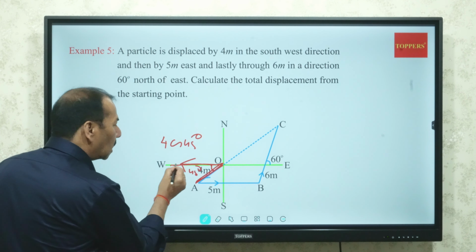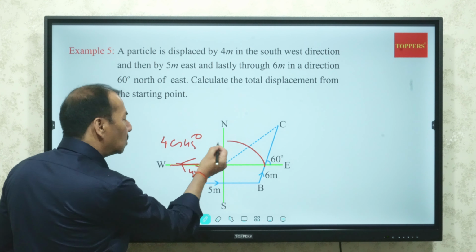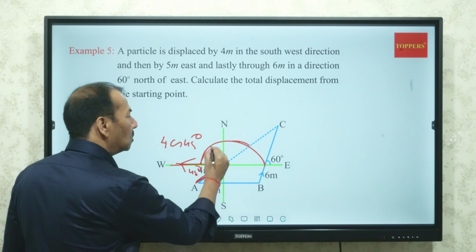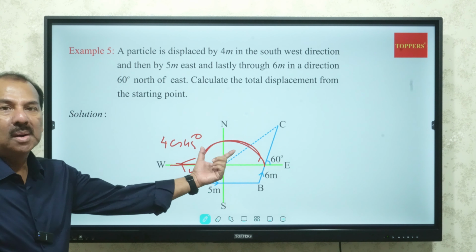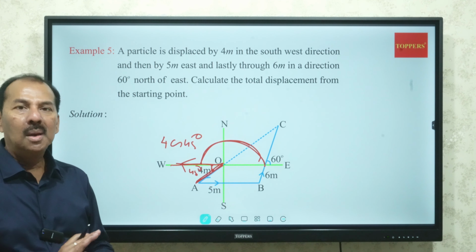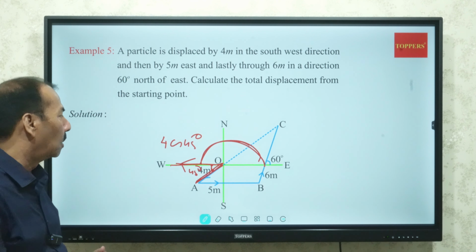Okay, so you can directly write, you need not worry about this angle. If this is 45, then 180 minus 45, this is this angle, then again you convert it into obtuse. These are just the theoretical things. Once you have learned the thing, use the easy way to simplify the problem.